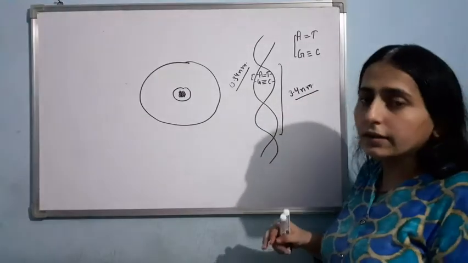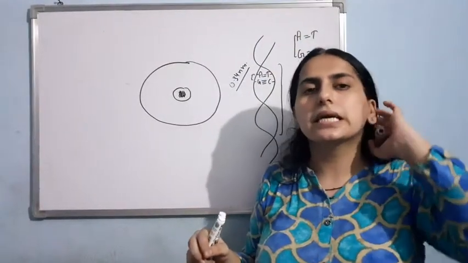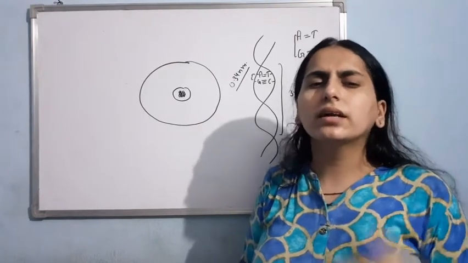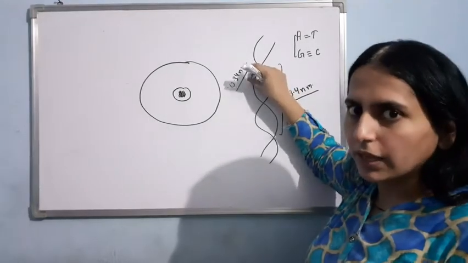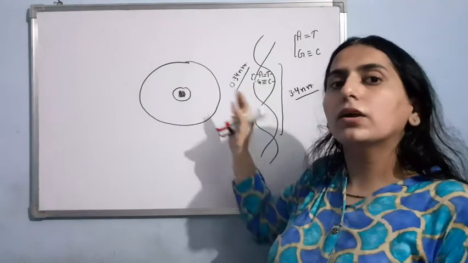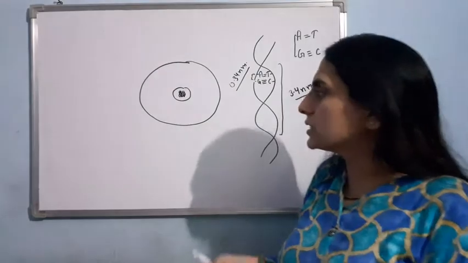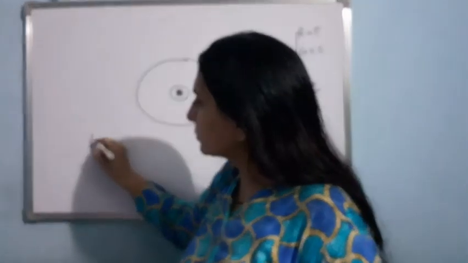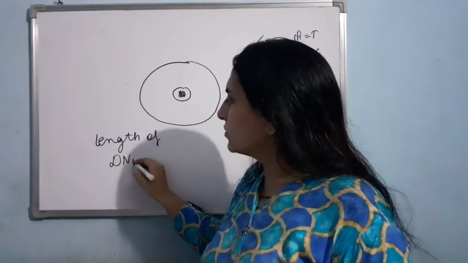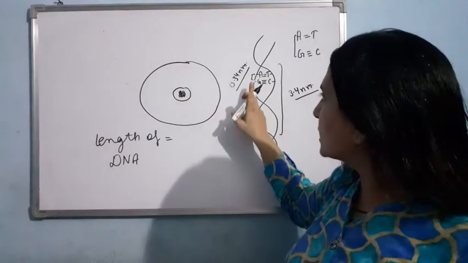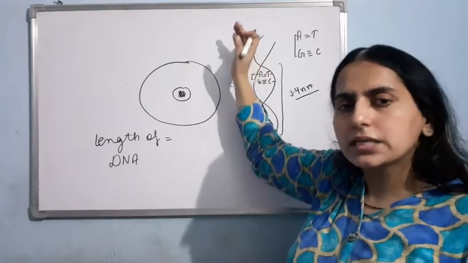If I have to find the length of the complete DNA present inside our cell, then you have learnt in mathematics that if I know the distance between two consecutive base pairs and multiply that by the number of base pairs, I shall get the total length. So here also I am using the same formula. The length of DNA will be equal to the distance between two consecutive base pairs multiplied by the total number of base pairs.